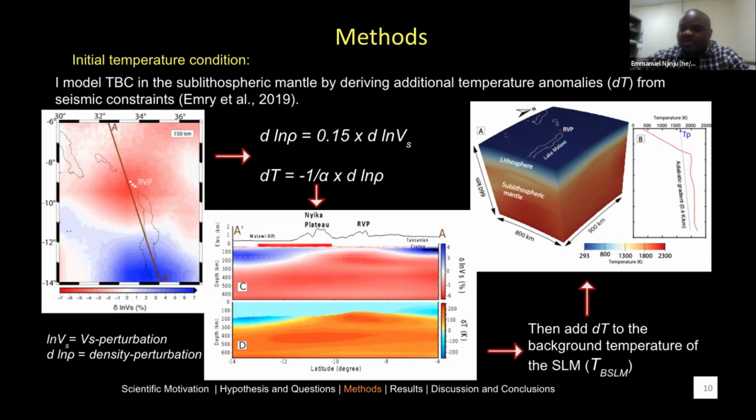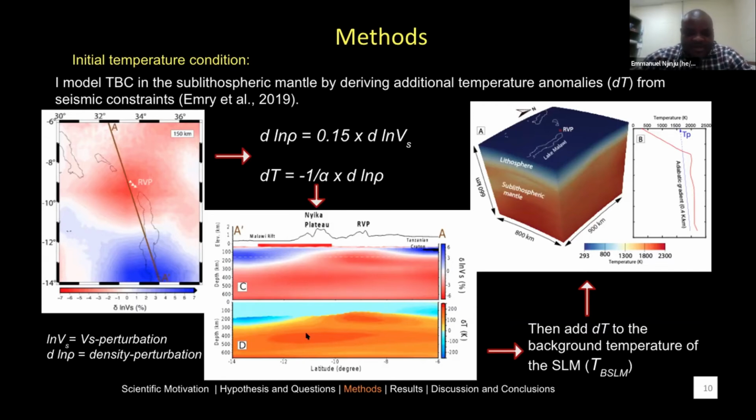And then the next step is we convert the derived density perturbation to the equivalent temperature anomaly by simply multiplying by the negative reciprocal of the thermal expansivity to get the excess temperature.